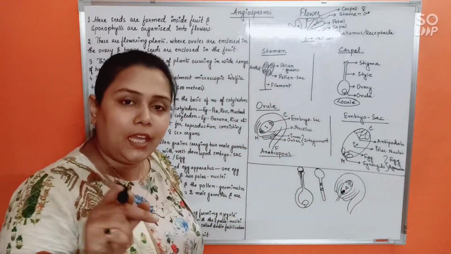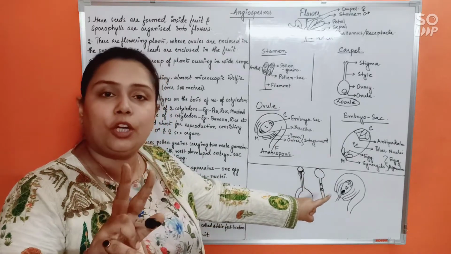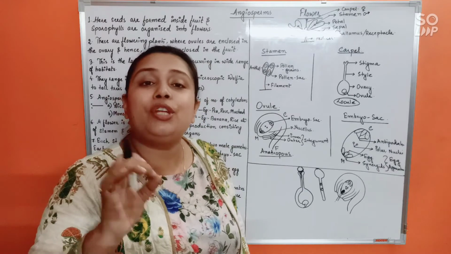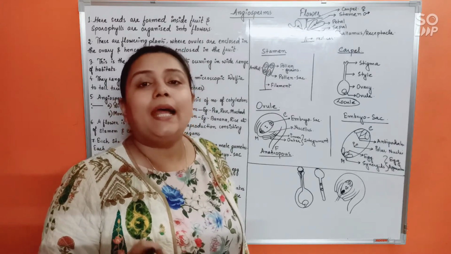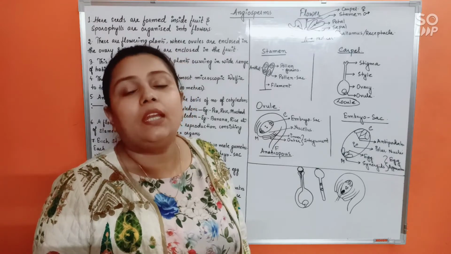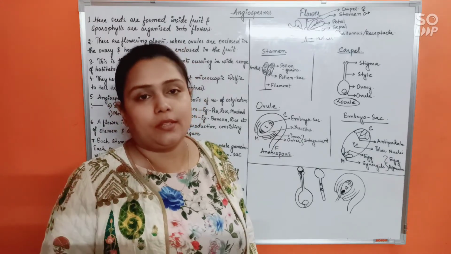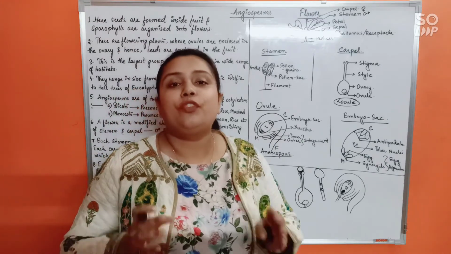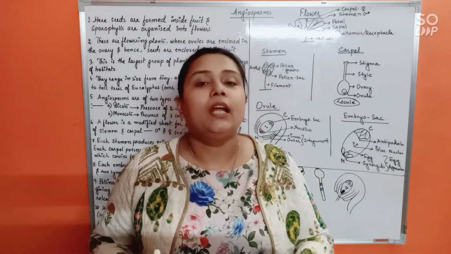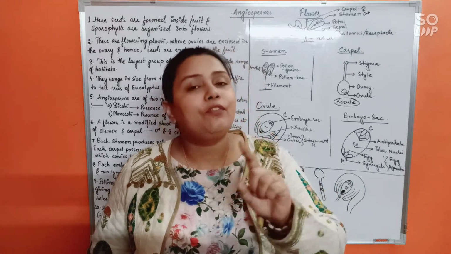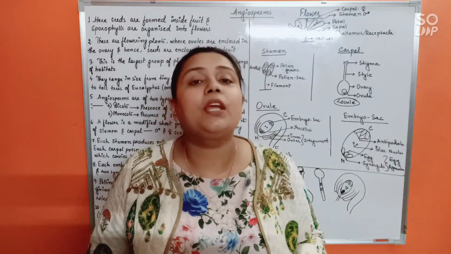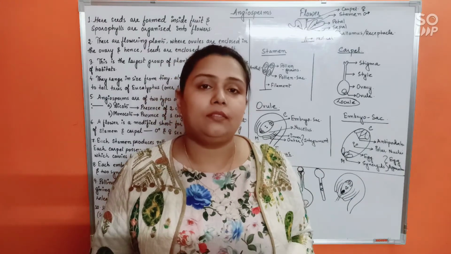And when the one male gamete and two polar nuclei, three of them, fuse, a triploid, 3N structure will be formed, and this triploid structure is called PEN, primary endosperm nucleus. So fusion of one male gamete with the egg forms a zygote, and fusion of another male gamete with the two polar nuclei forms a triploid structure called PEN.